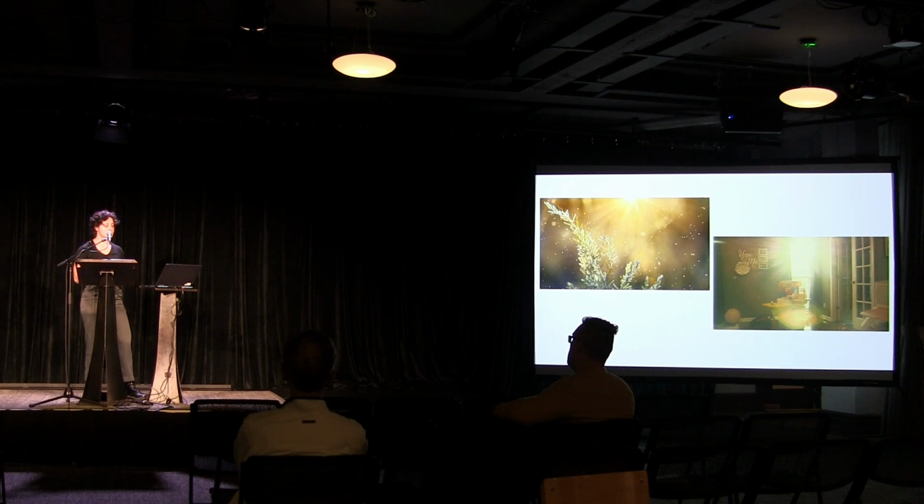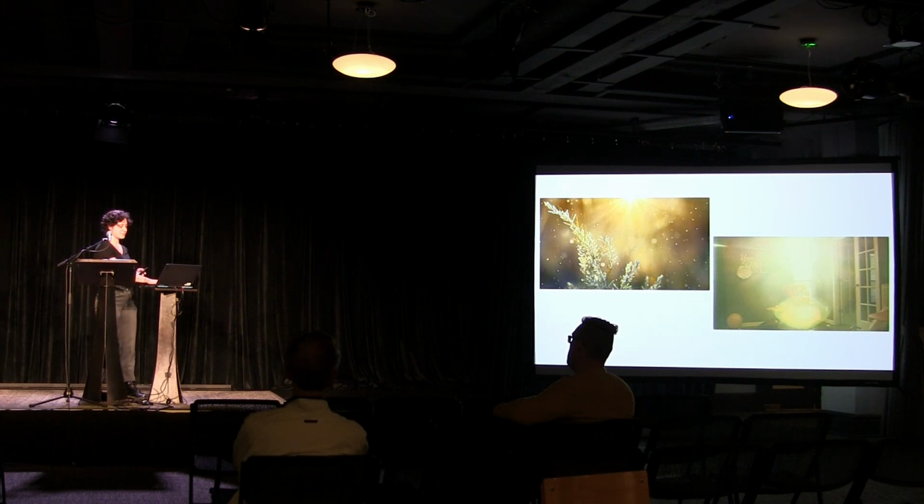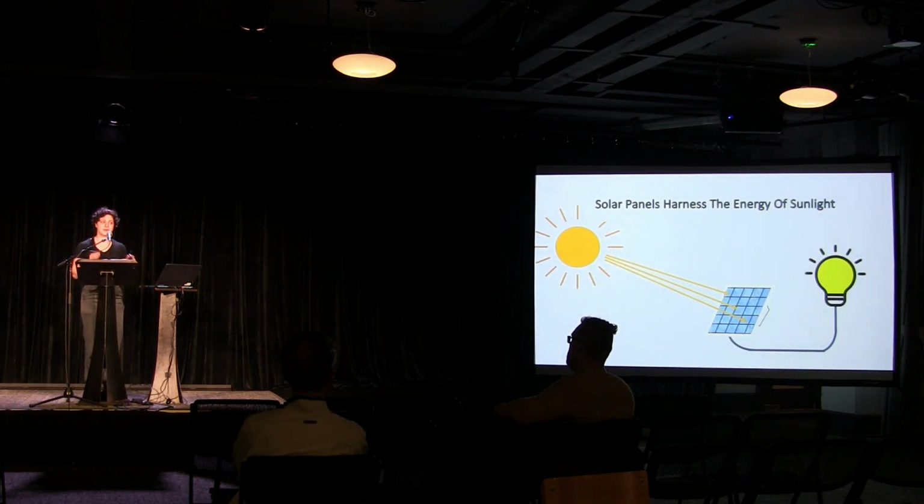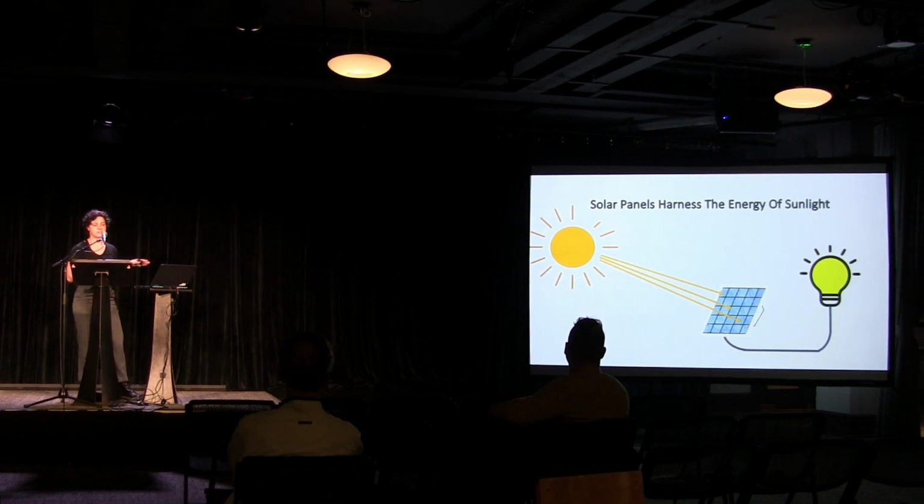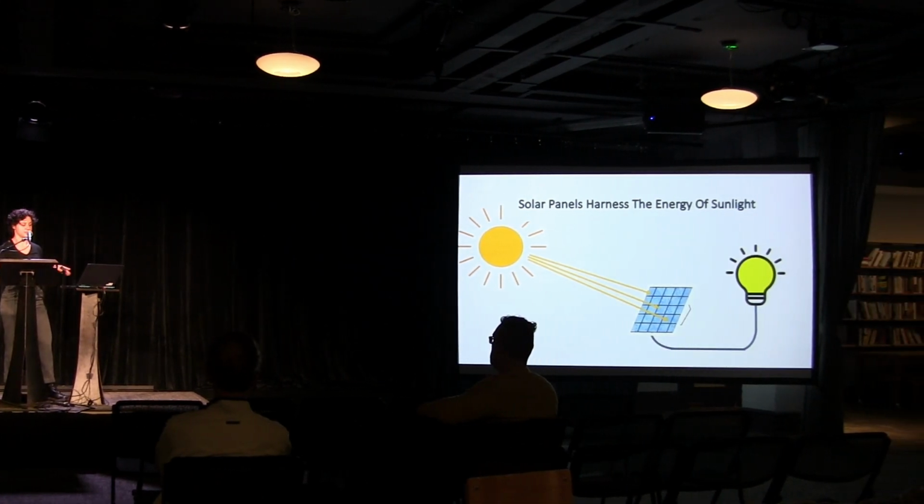And harnessing this simple fact of life has driven us to use sunlight as a source of our own energy using solar panels. So when sunlight interacts with a solar panel, it provides the energy for a cascade of events that produce electricity.